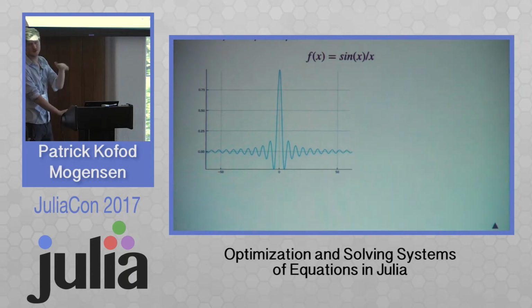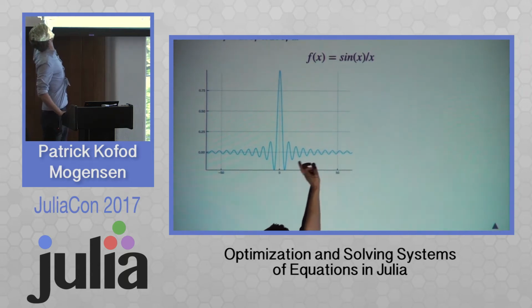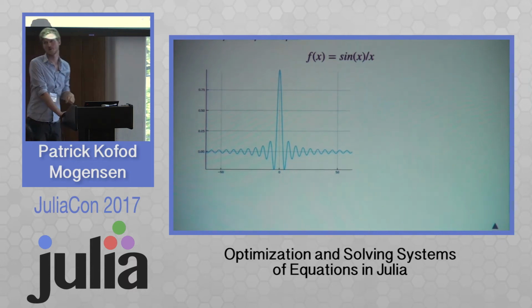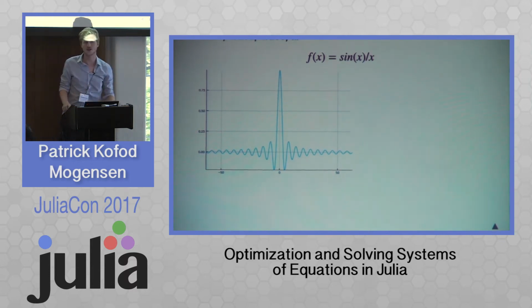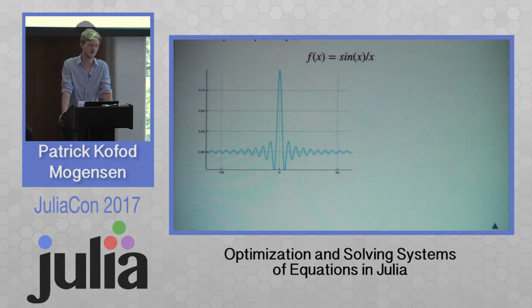So the methods that you're going to see, if we initialize it here, will have no chance of finding these 2 global minima. Just so you know what kinds of problems we're trying to solve. There are other Julia packages that will try to find the global minimum using global methods, but that's not the scope of Optim. So you just have to be a bit careful with interpreting your results. So these are local methods.